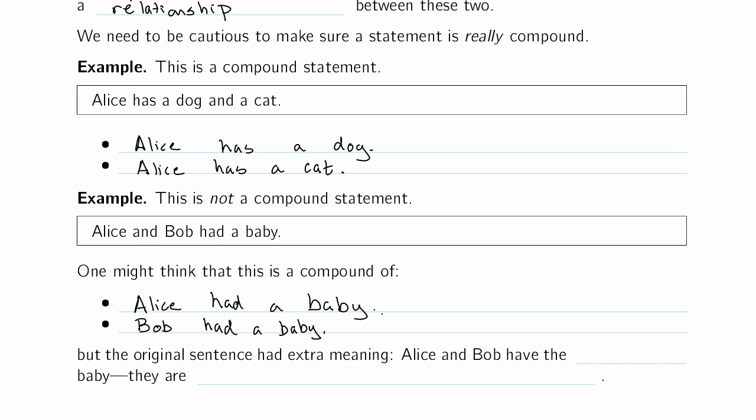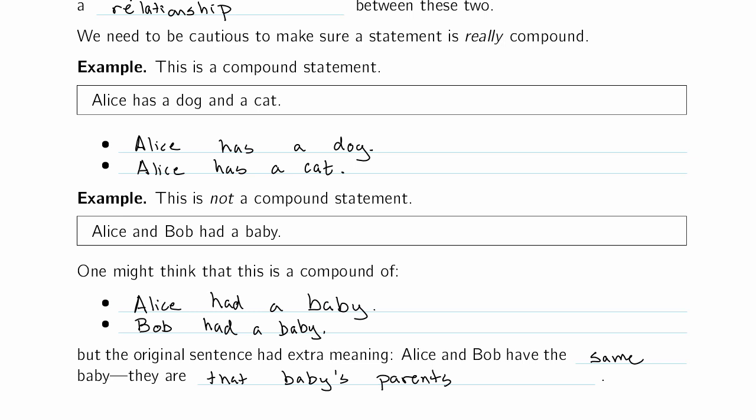If I say Alice and Bob had a baby, I mean that Alice and Bob have the same baby. They are that baby's parents. So because that sentence contains that extra information that Alice and Bob had a baby together, we can't quite treat it as a compound sentence.